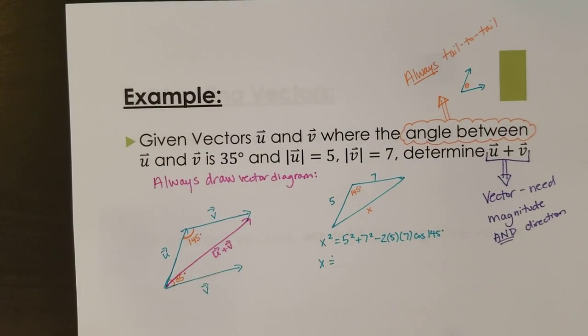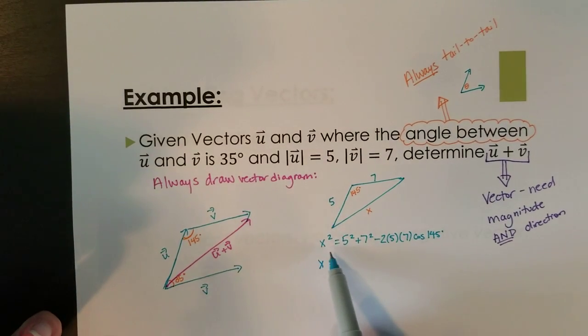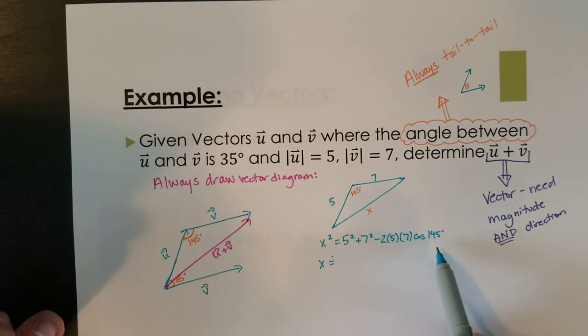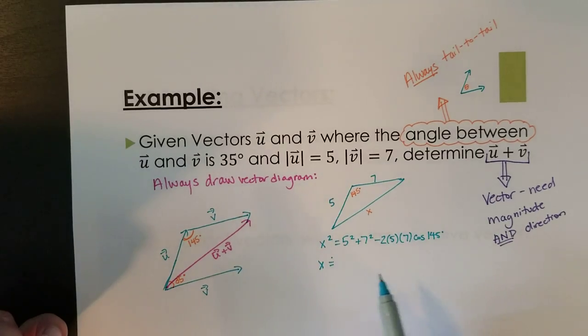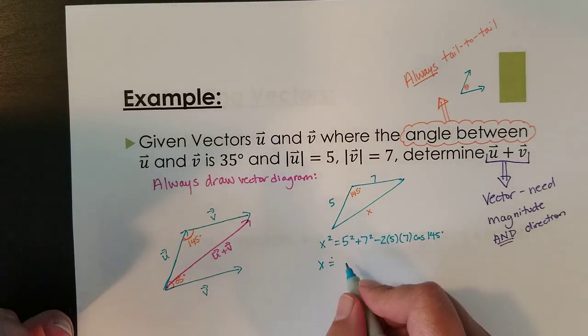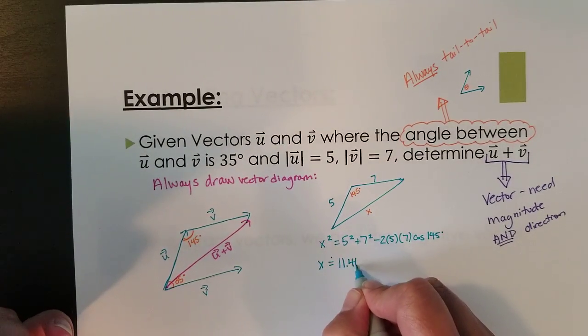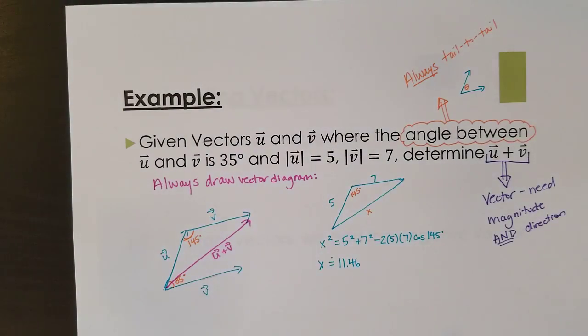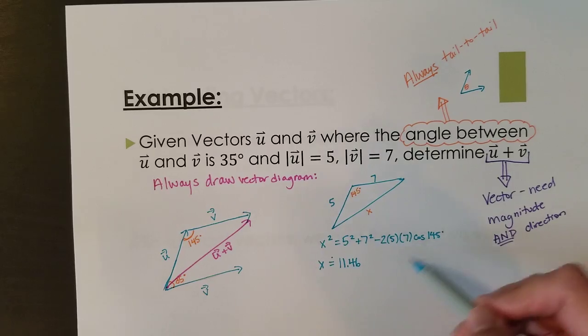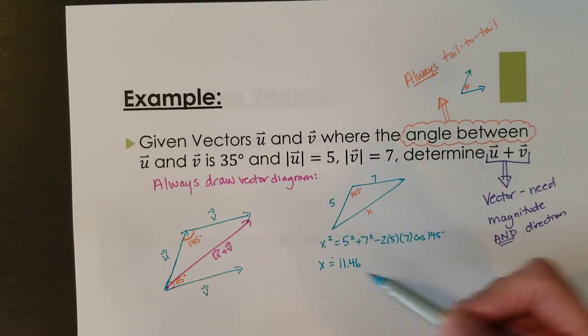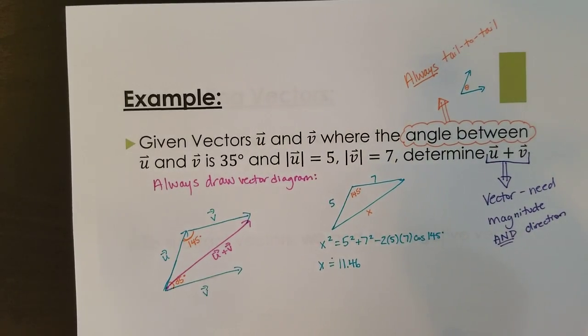So when you're doing this, I want to see the formula, what you're using filled in there. And then I also want to see your final answer to 2 decimal places. So I get 11.46 there, but you don't need to show any other work. This would be probably 2 marks, like 1 for setup, 1 for the right answer. You don't need to show a ton of steps there.